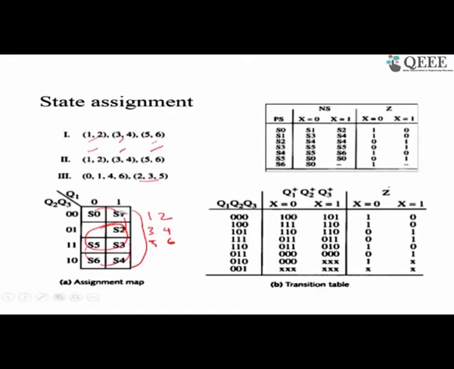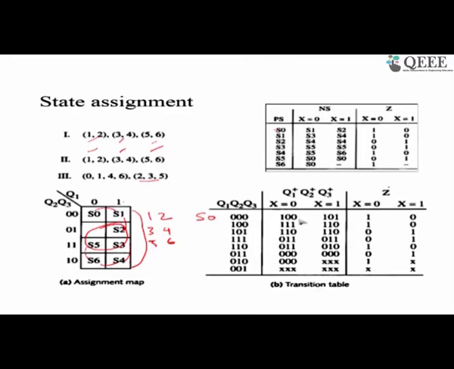If you do so, then look at this, this is the state S0. We have assigned Q1, Q2, Q3 as the 3 bits for S0. So according to this one, S0 should have 0, 0, 0. S1 should have the combination 1, 0, 0.